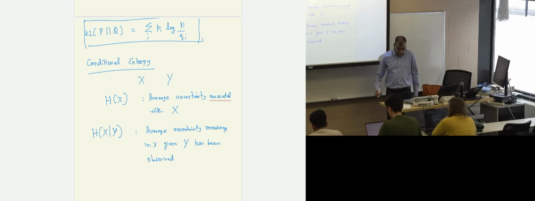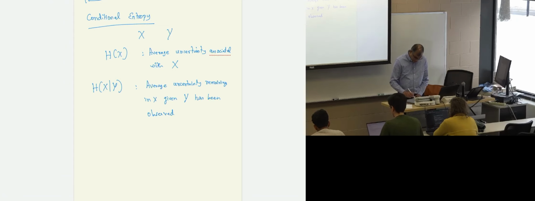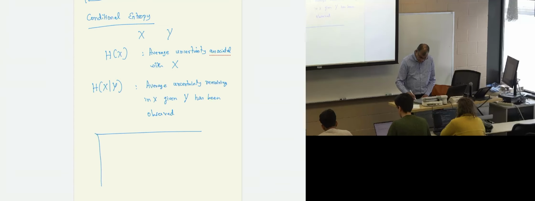This is h of x given y, and you can see that in a Venn diagram. Well, I don't want to draw that.